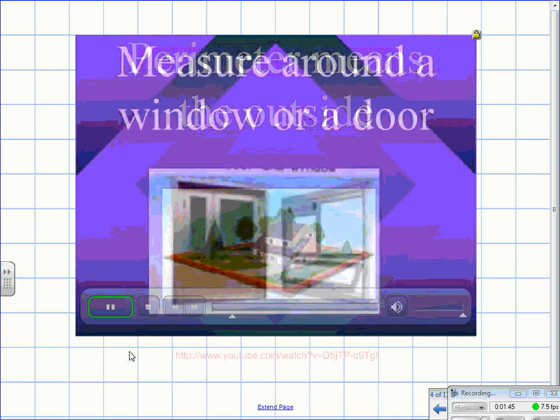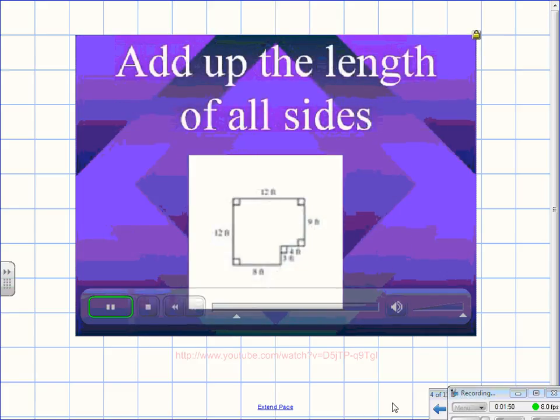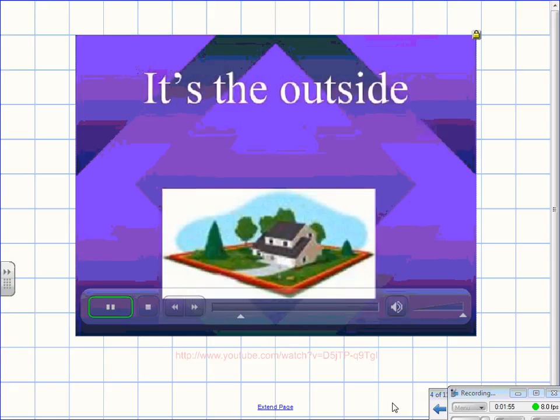Outside, measure around the window or a door, add up the length of all sides. It's the outside.